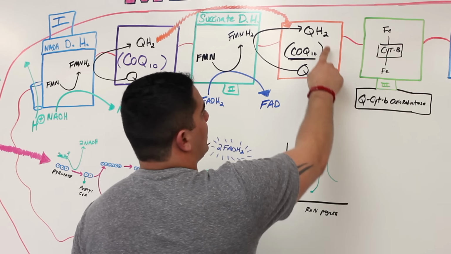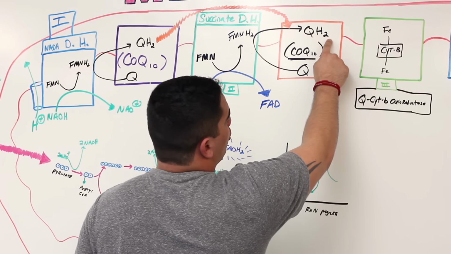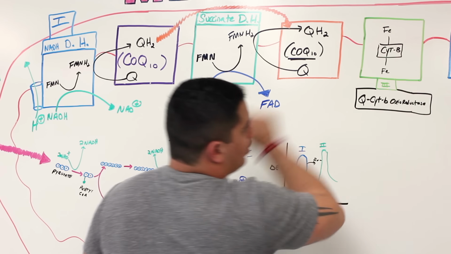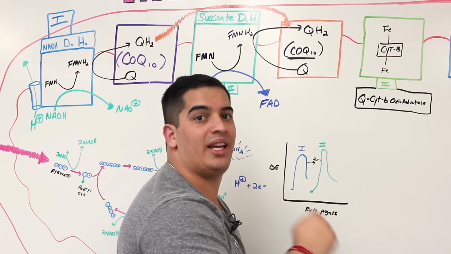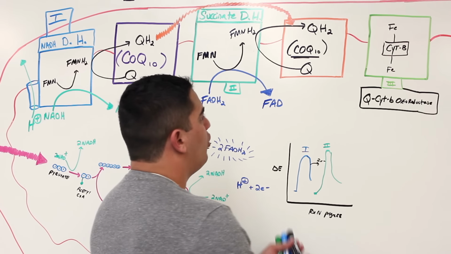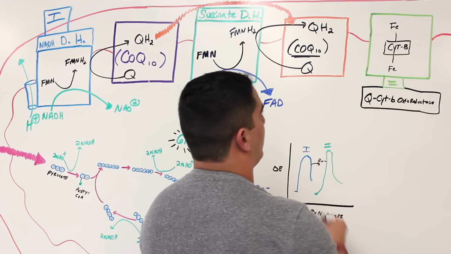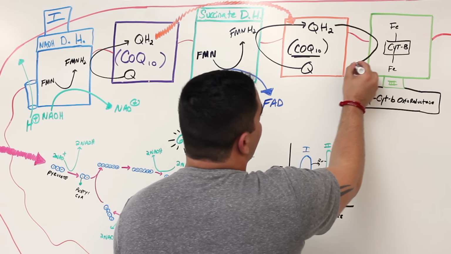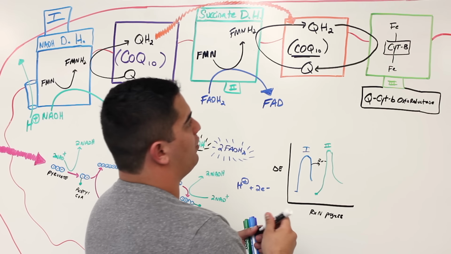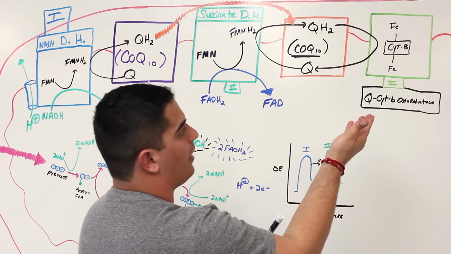Now, what happens is this coenzyme QH2 is going to pass these electrons onto the cytochrome B. Who is it specifically going to pass it on to? Well, you know iron can exist in 2 states, right? So let's say that he passes these electrons over here. And when he does that, this guy gets converted right back into his original state because he's giving those electrons away.